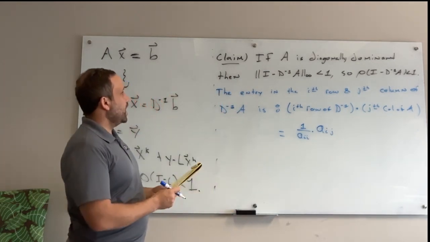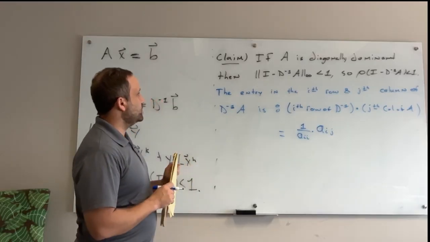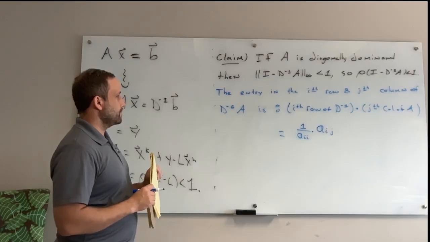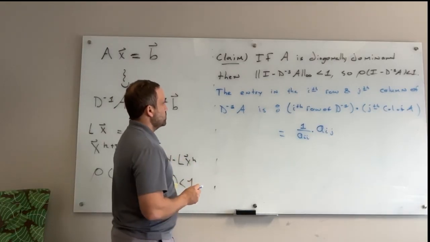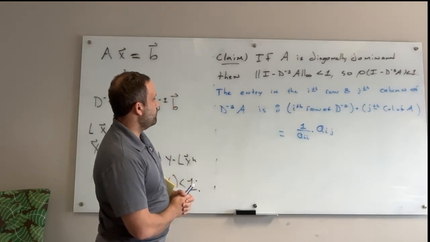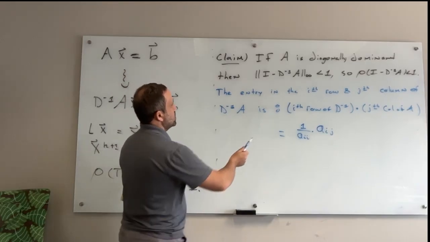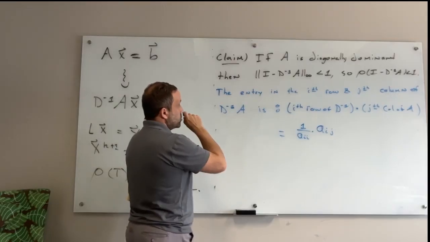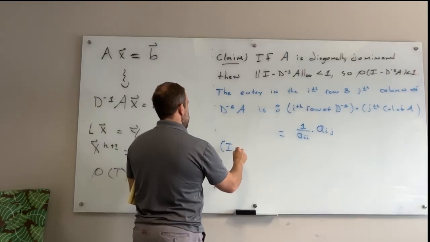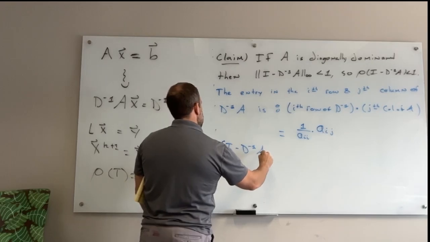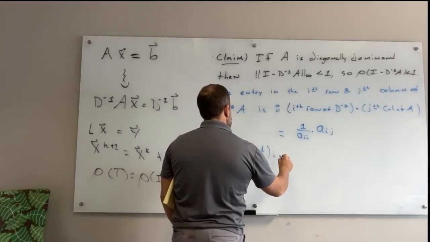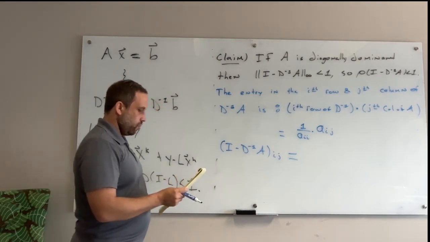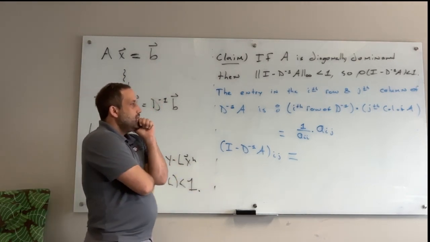So the entry in the ith row and the jth column of D inverse A is going to be 1 over Aii times Aij. Now let's think about how I can fix this, because I don't care about the entries of D inverse A. I care about the entries of I minus D inverse A. So let's say I do I minus D inverse A, and I want to know what the ijth entry of that matrix is.